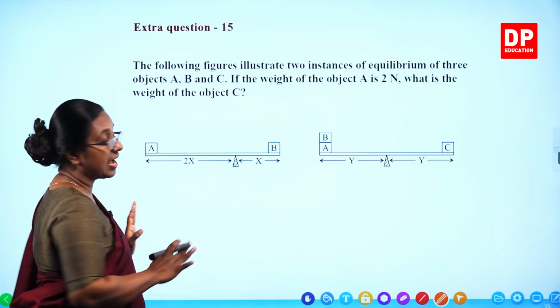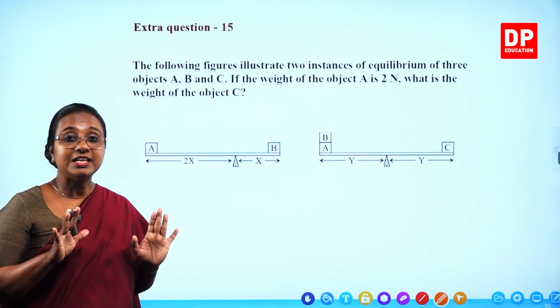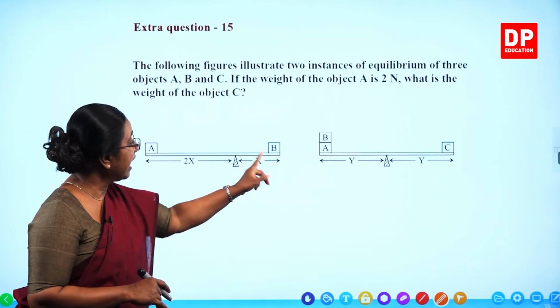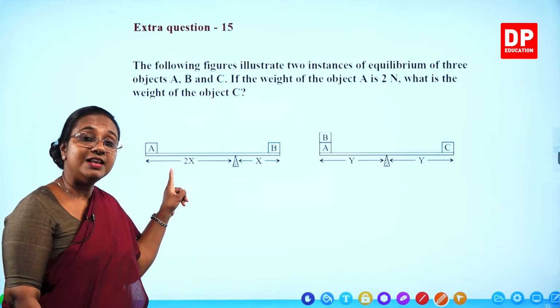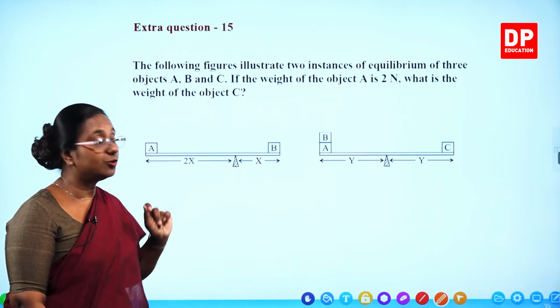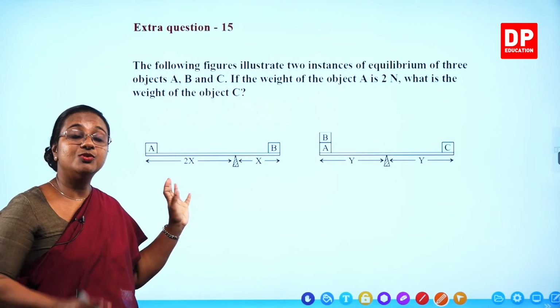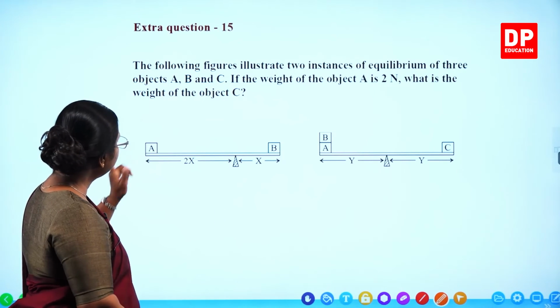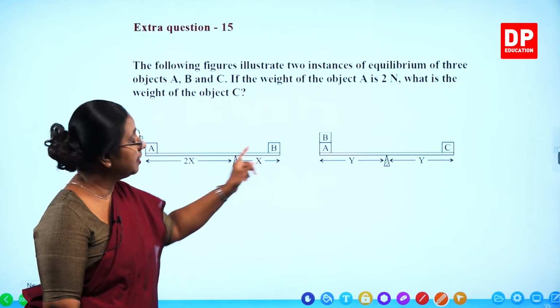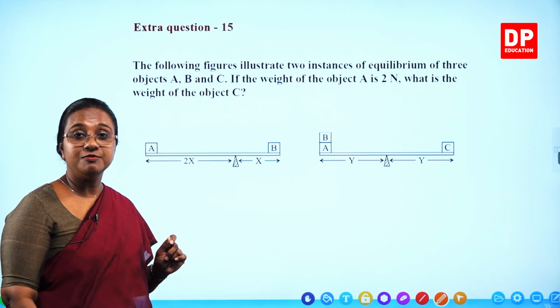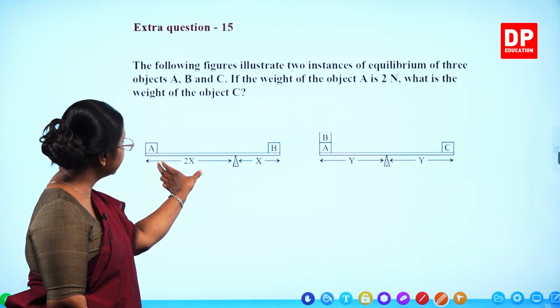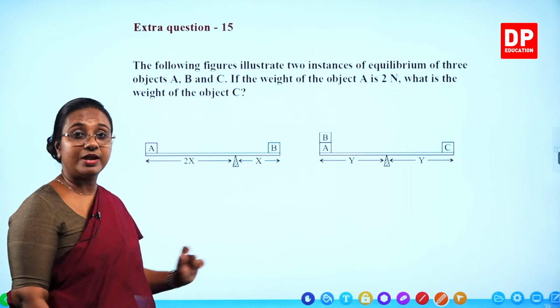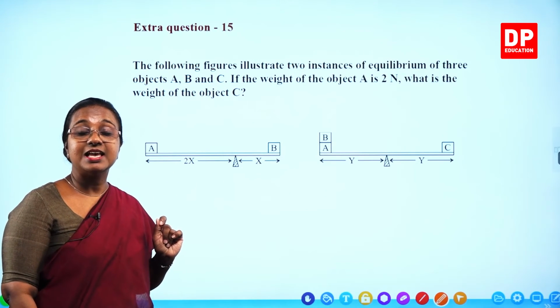So from the diagram, you can get an idea the weight of A and weight of B. A will have a lesser weight compared to B, and that also it will be in a 2:1 ratio. If A was 1 Newton force, B will be 2 Newton force. Why? This distance, perpendicular distance, is 2x and this distance is x.